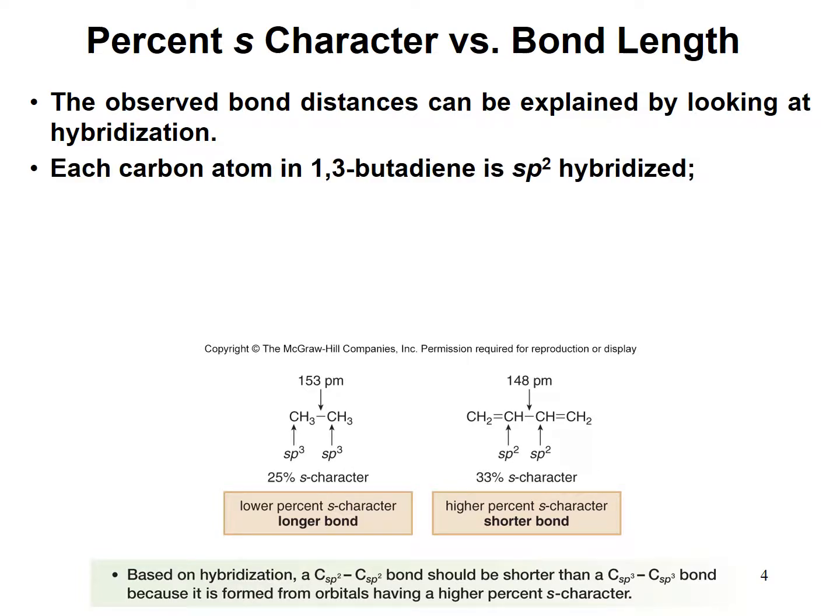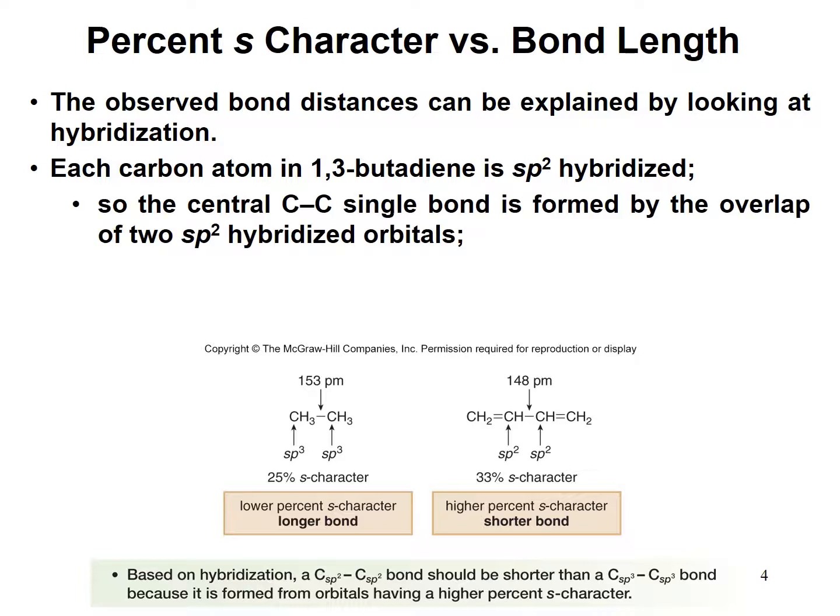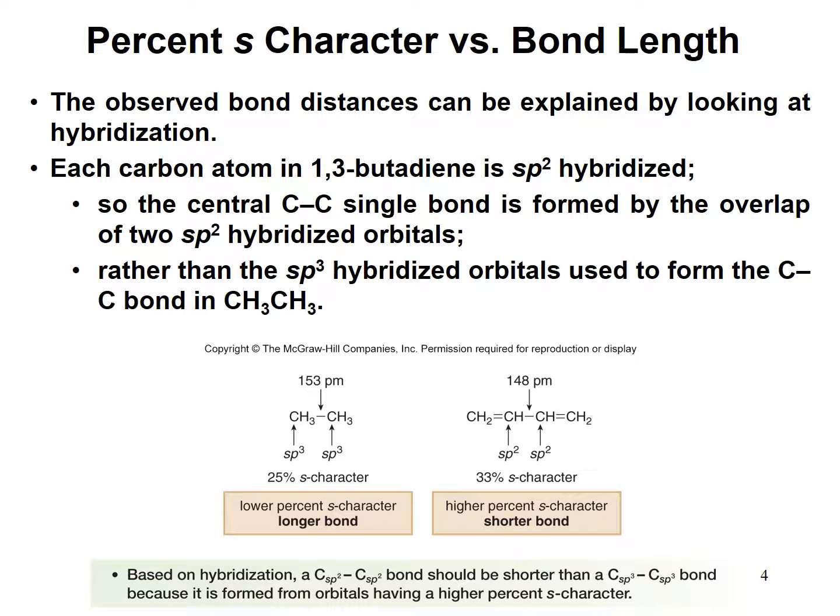The observed bond distances can be explained by looking at hybridization. Each carbon atom in 1,3-butadiene is sp2 hybridized. So the central carbon-carbon single bond is formed by the overlap of two sp2 hybridized orbitals, rather than the sp3 hybridized orbitals used to make the carbon-carbon bond in ethane.